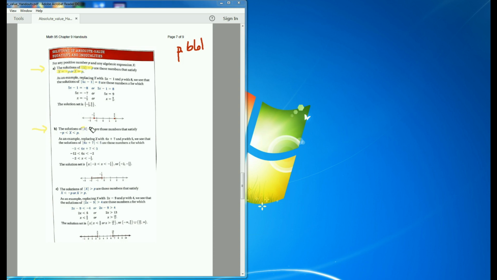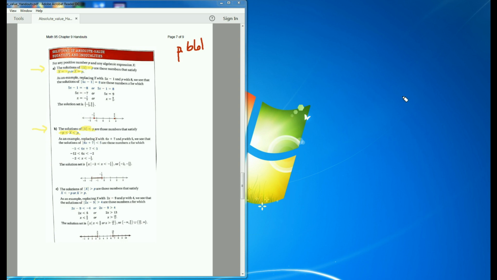If you have the absolute value of some stuff is less than a number. So this is what I call an in-betweener. Because if it's less than P, then it's between P and negative P. It's between those two numbers.